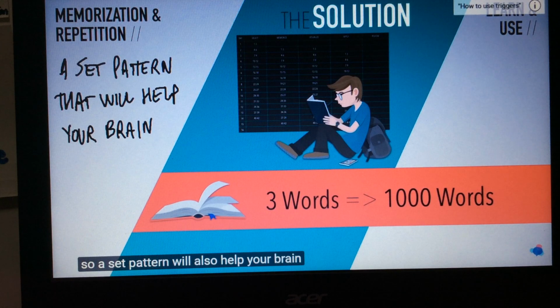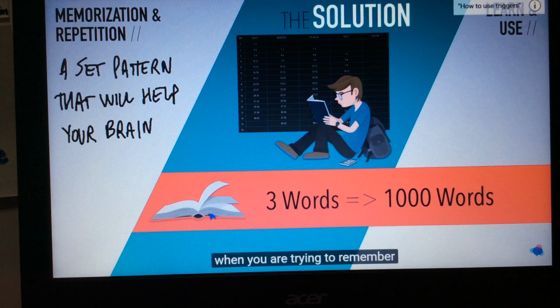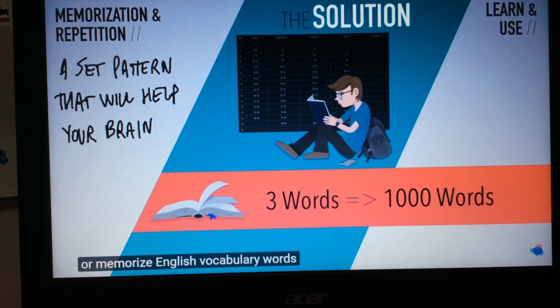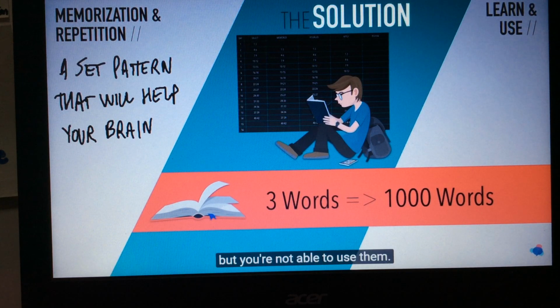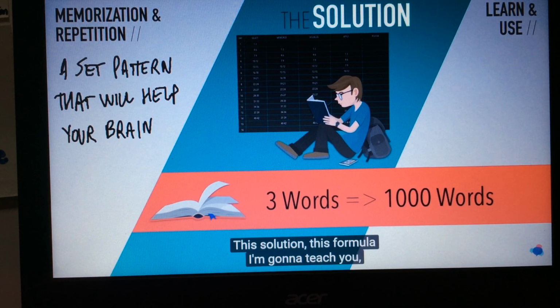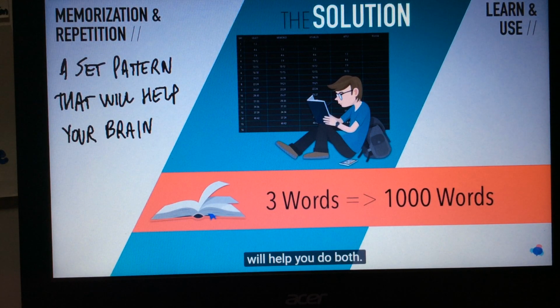So a set pattern will also help your brain when you're trying to remember or memorize English vocabulary words. And the next thing is learn and use. Many times you will learn vocabulary words, but you're not able to use them. This solution, this formula I'm going to teach you will help you do both, okay?